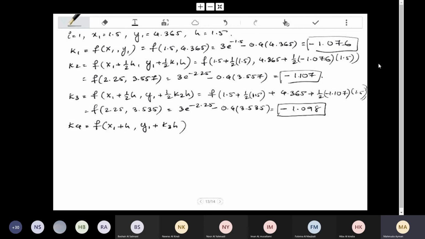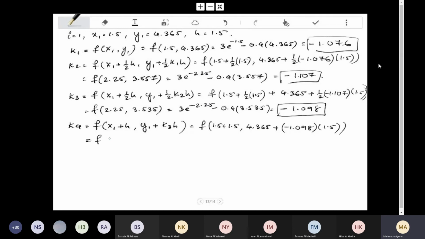So we have here f of x1, that's 1.5 plus h, which is 1.5, comma, y1 is 4.365 plus k3, which is minus 1.098 times h, 1.5.